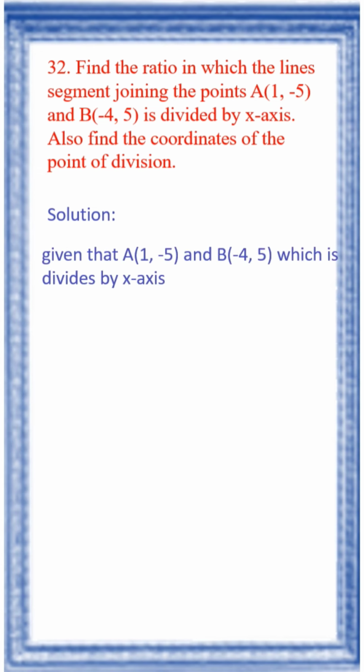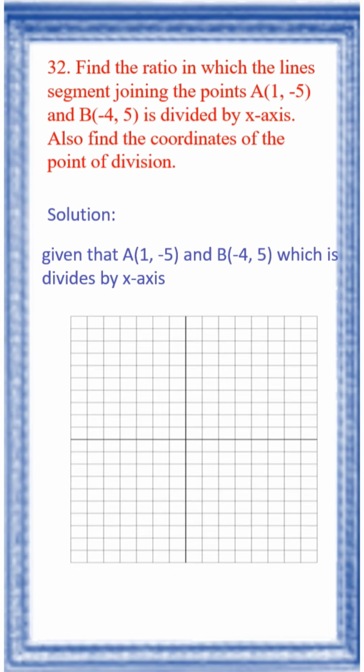Now it is given that A is (1, -5) and B is (-4, 5), which is divided by the x-axis. This is the x-axis, this is the line.